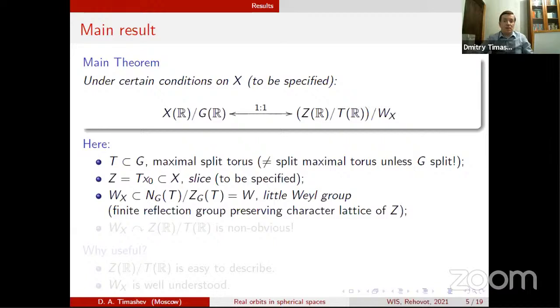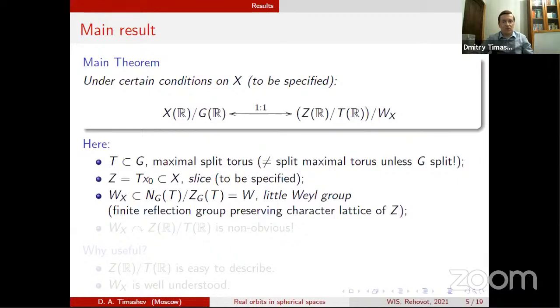W_X is a certain subgroup in the Weyl group of T, which is called the little Weyl group of the homogeneous space X. And it is a finite reflection group which preserves the character lattice of Z. So Z is a T orbit, and Z is also a torus, so it has a character lattice.